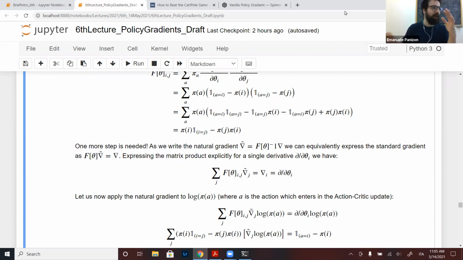It's very simple, I can tell you in a second. You do the standard gradient, but if your policy has changed by more than 10%, you set the gradient to 0.